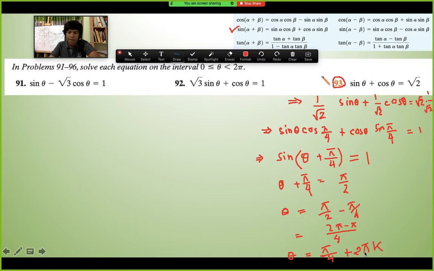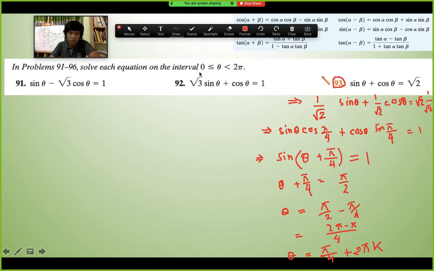But in this math there will actually be no extra value, because if you put 1 here, then it will be 2 pi plus pi by 4, which is more than 2 pi, because the interval here is 0 to 2 pi. So this term will not make any effect here.